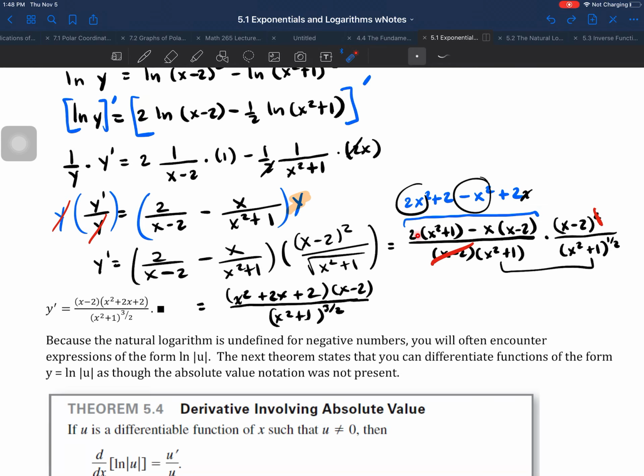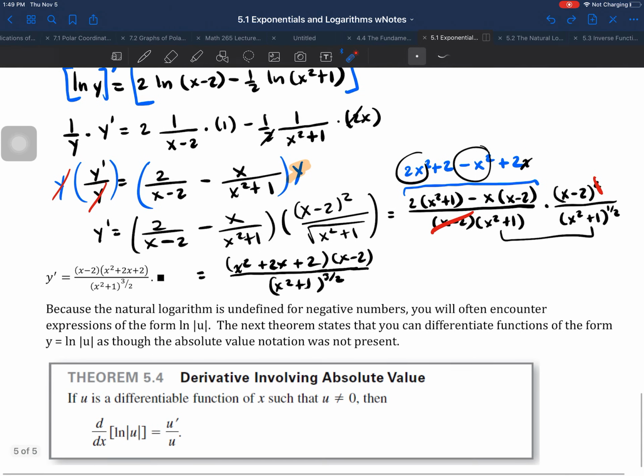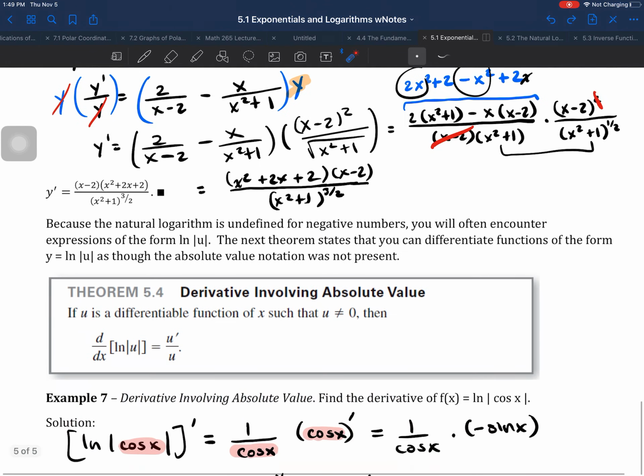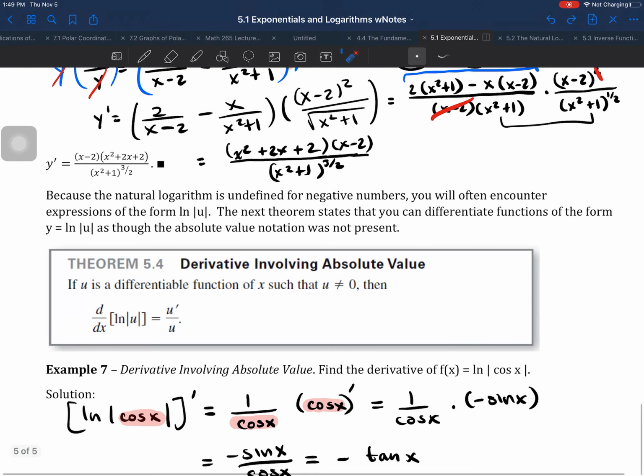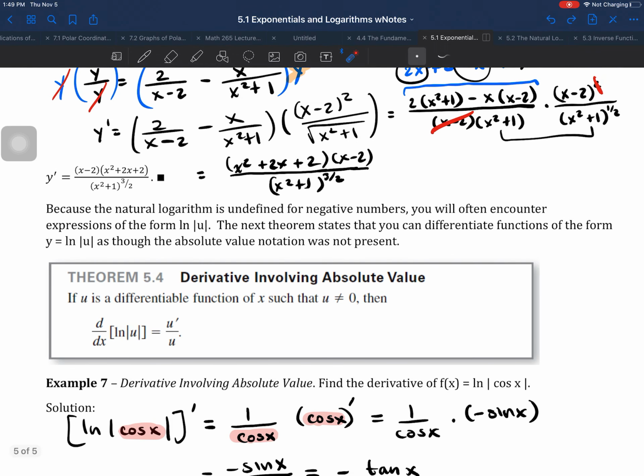And then we simplify the top, and that gives us 2x squared plus 2 minus x squared plus 2x, and that will simplify to be just x squared plus 2x plus 2. And there you go, we found the derivative. Now, it's not the most traditional way to do it, but it was a very clever way to do it. We end up getting the same result as before.